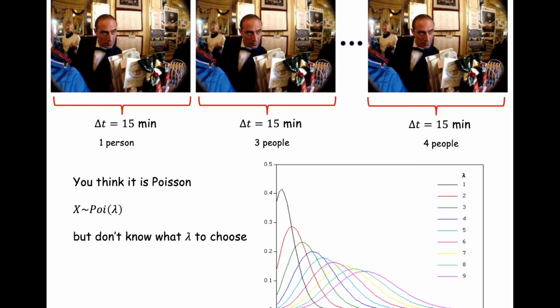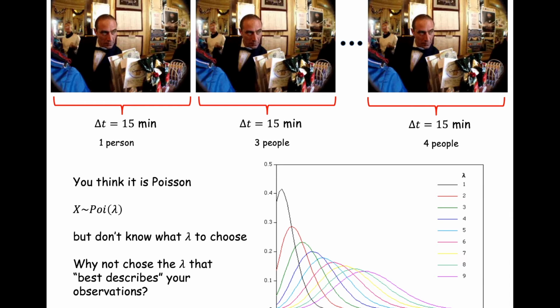Well, we don't really know what lambda to choose. So we're going to endeavor to estimate the notional best lambda through this new method, max likelihood estimation. So one of the strategies then is, if we're going to choose a lambda, well, why not choose the lambda that best describes the observations that you have?